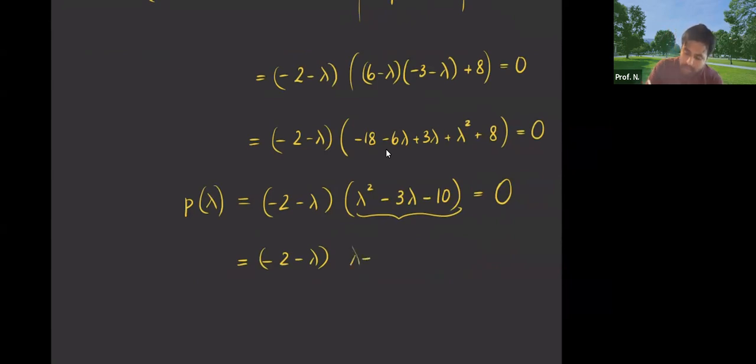Right, this is lambda minus 5, lambda plus 2. That equals 0. And P of lambda.